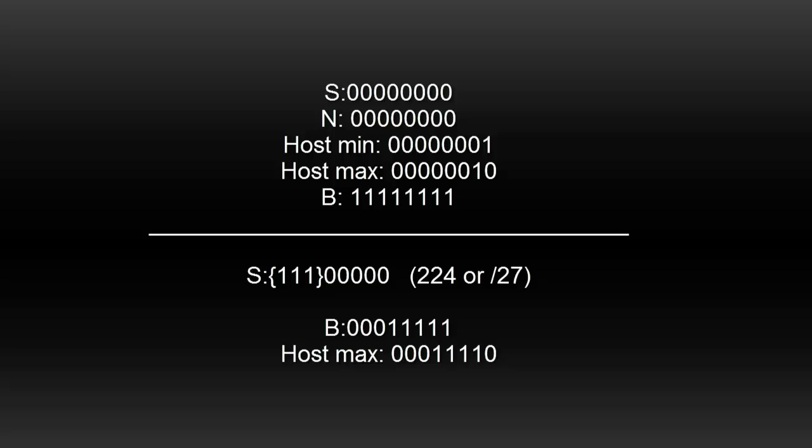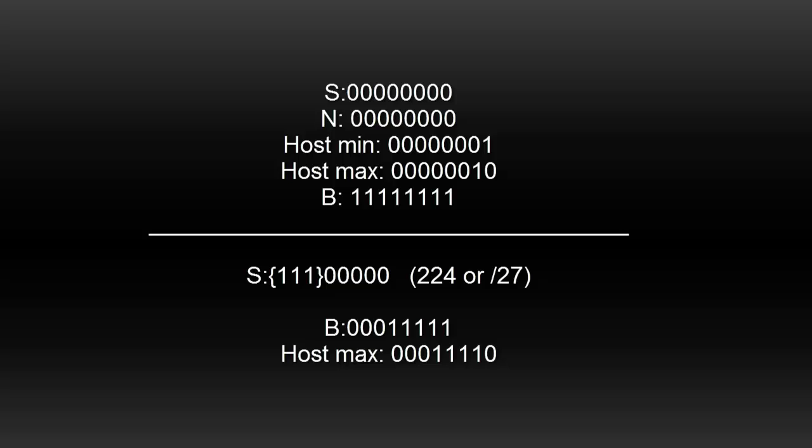Now remember, we cannot use the broadcast or the network when we're assigning IP addresses to our devices. We have the -1 on the broadcast, and the +1 on the network. In this case, the network ends at 0, and we need to find what the broadcast is.